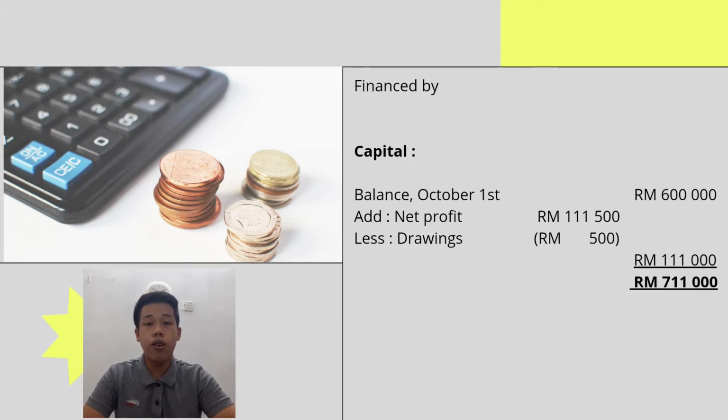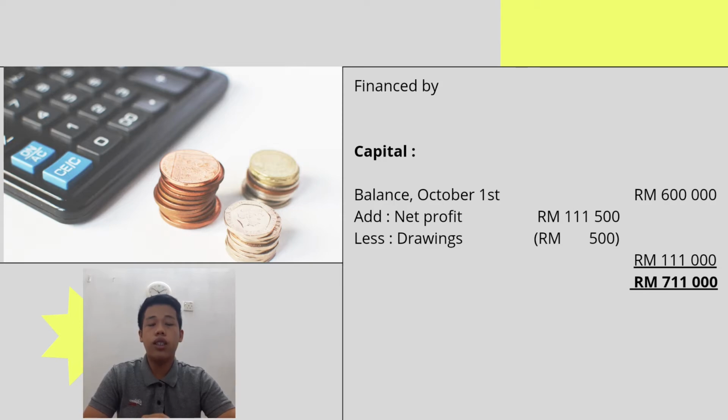Next, the total we have was financed by the capital balance from 1st October about 600,000 ringgit, and we add net profit of 111,500 ringgit, and we subtract the drawings of 500 ringgit.